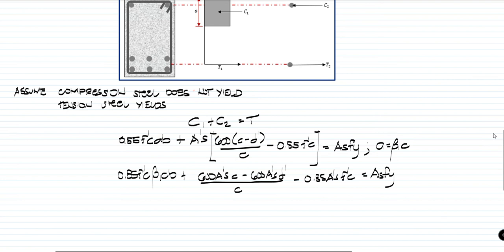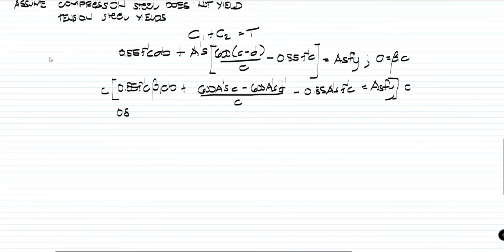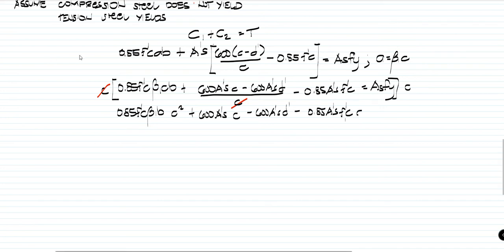From this one, we could multiply both sides of the equation by C so that we have the equation 0.85 F prime C beta 1 B C squared plus, and here the C will cancel out, so that will be 600 A prime S C minus 600 A prime S D prime minus 0.85 A prime S F prime C C is equal to AS Fy C. Combining similar terms, of course AS Fy we need to transpose to the other side.